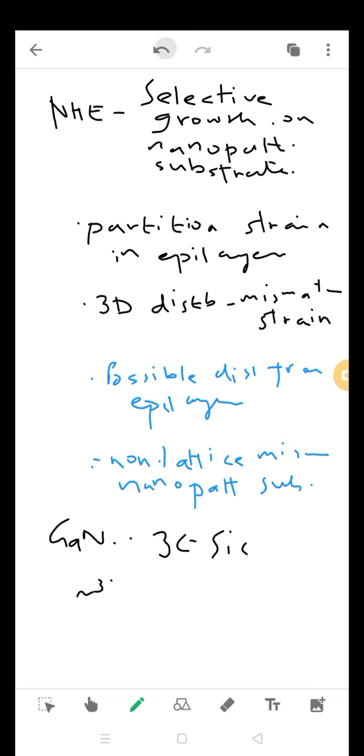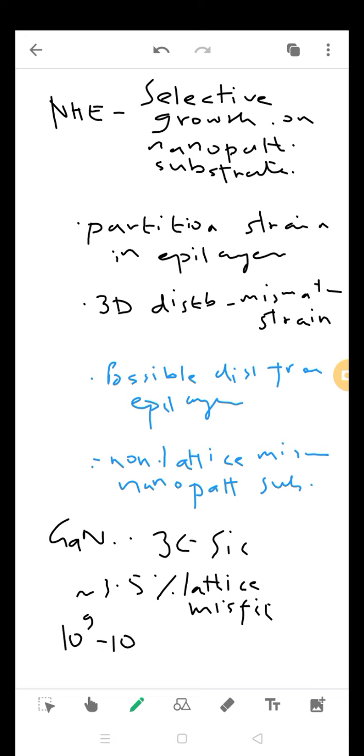It is only 3.5% of lattice mismatch that can take place. Lattice misfit is low for gallium nitride, and this has very low dislocation density also, around 10 to the power 9 to 10 to the power 10 per centimeter square.